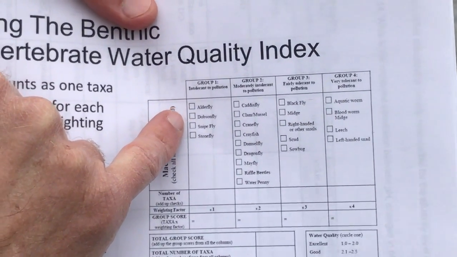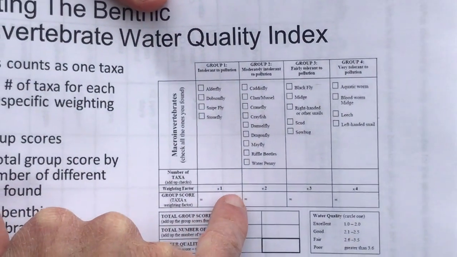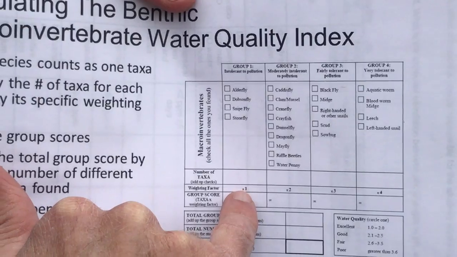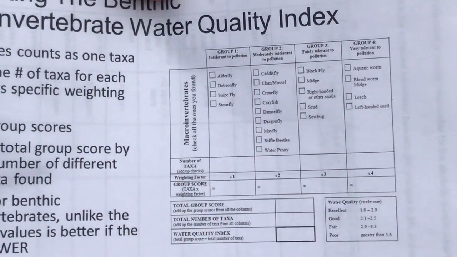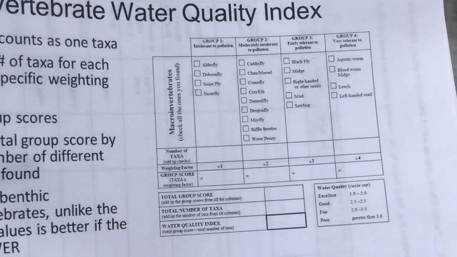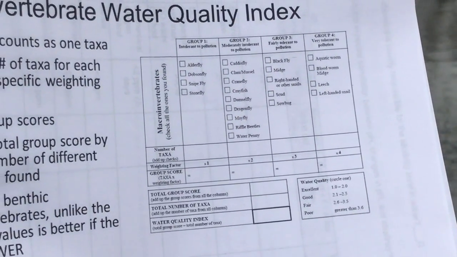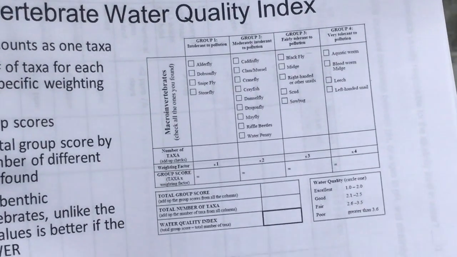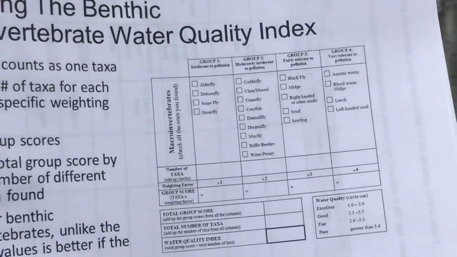We still get a score of 1. If we find all 4, then we have 4 of these. And then we'll multiply it by a weighing factor, and from there we get a total score, and we divide it by the total number of different types of organisms we found. The lower the number, the higher the water quality index, according to this particular index. But there are many indexes you can find.